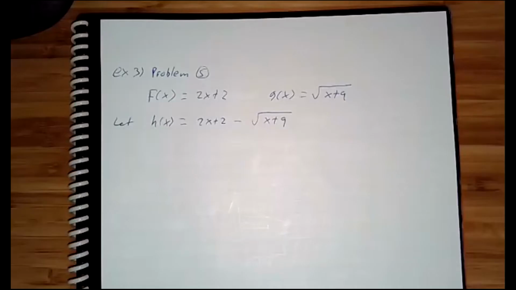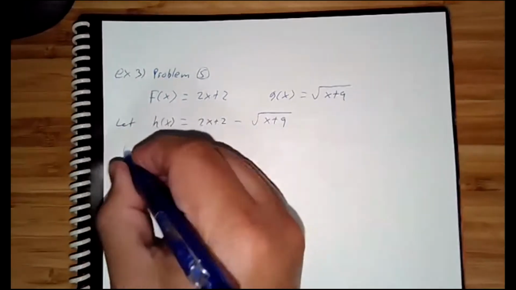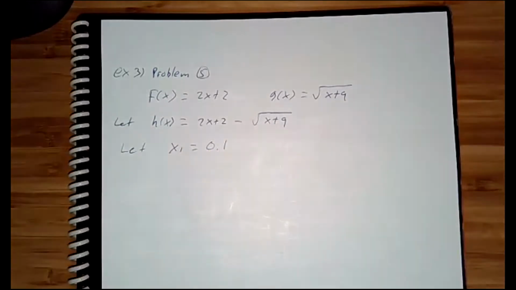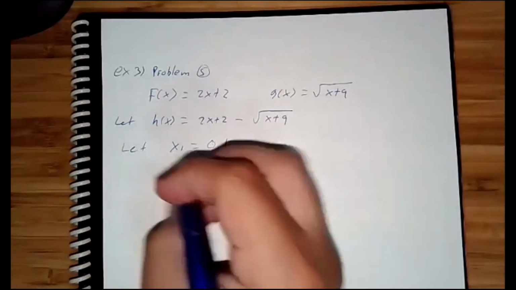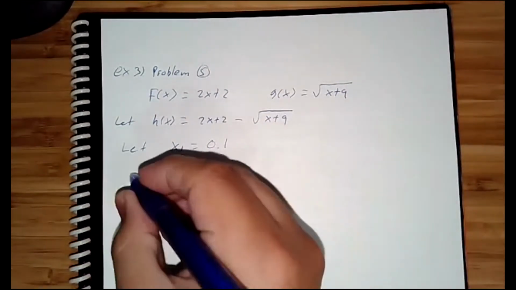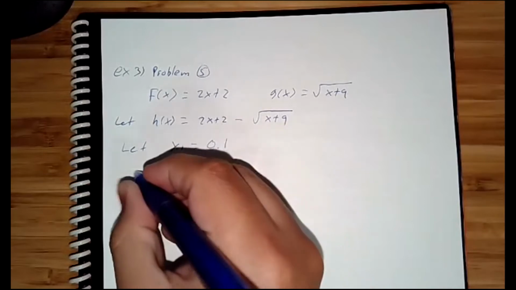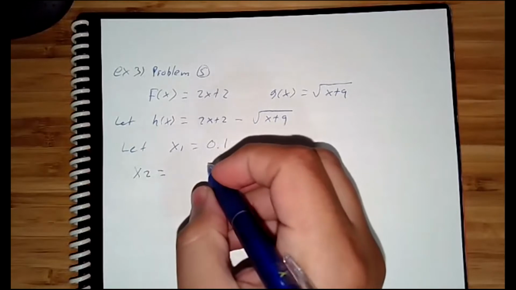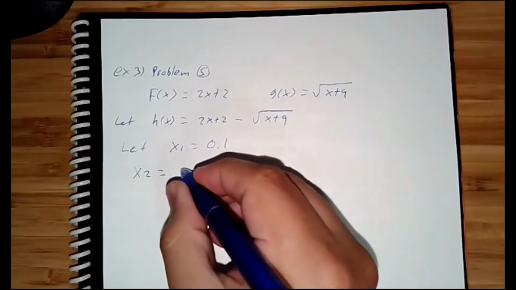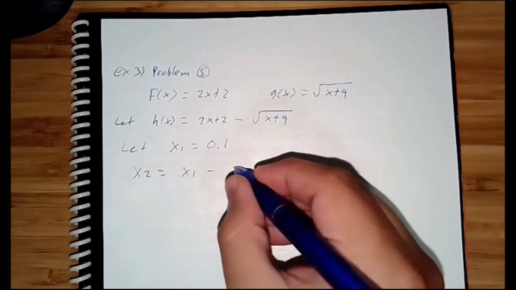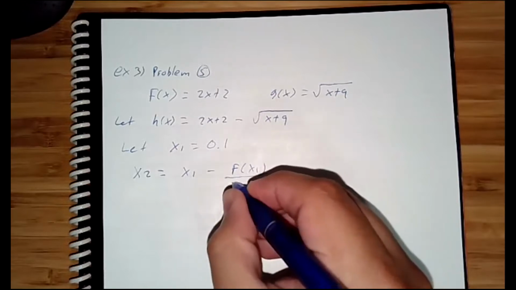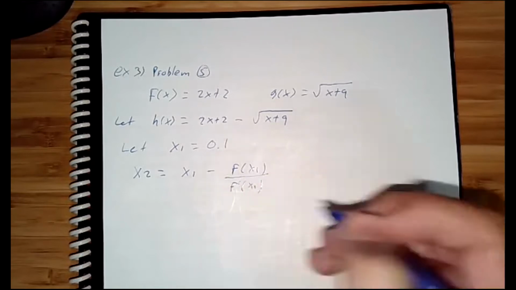So we will choose it. So let x1 equal 0.1, I guess. Okay, so let's use our formula. The formula says x2, the next one, will be x1 minus the function at x1 over the derivative at x1.